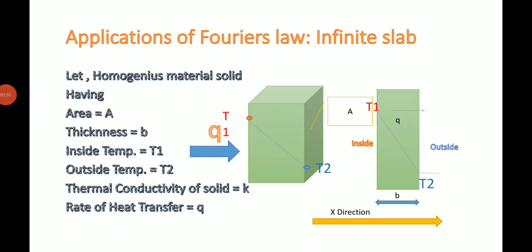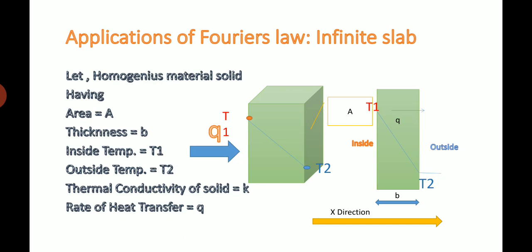Now we will see the applications of Fourier's law. There are three applications: an infinite slab, an infinite long hollow cylinder, and a hollow sphere. Here we have a homogeneous solid cube having thickness b, and its length and width are infinite. Two surfaces of the cube are kept at temperatures T1 and T2.